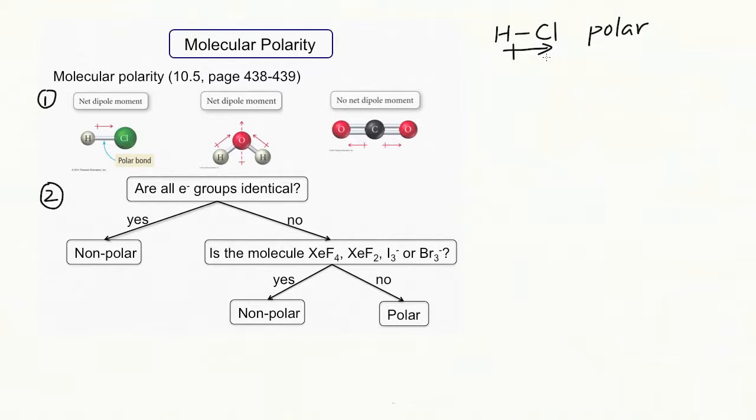How about a molecule with more than one bond? For instance, water here. We've already drawn the Lewis structure of the water molecule, and we will see that you have two OH single bonds. For each one of them, you have bond polarity pointing from the hydrogen side to the oxygen side. Then, if you are using the vector addition to find out whether this molecule is polar or non-polar, you need to do this.